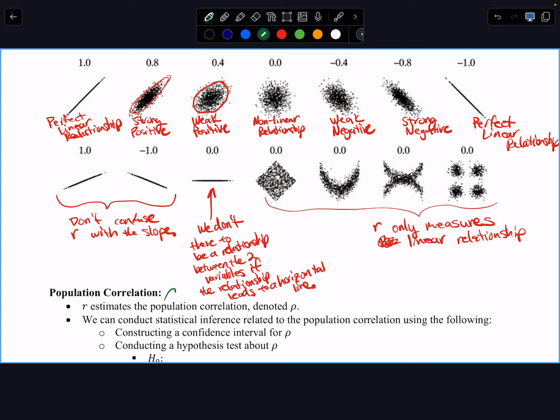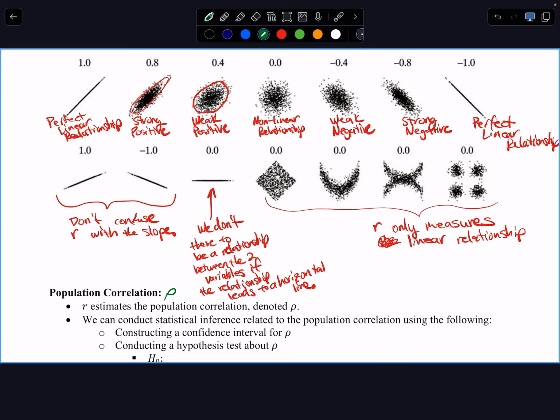It almost looks like a P, but it's a rho, R-H-O. All right? So when we collect data and calculate R, it's about the sample, but we can do a hypothesis test and construct a confidence interval about the population correlation.